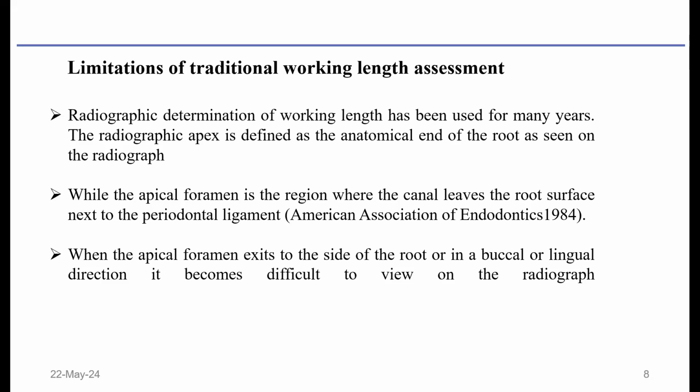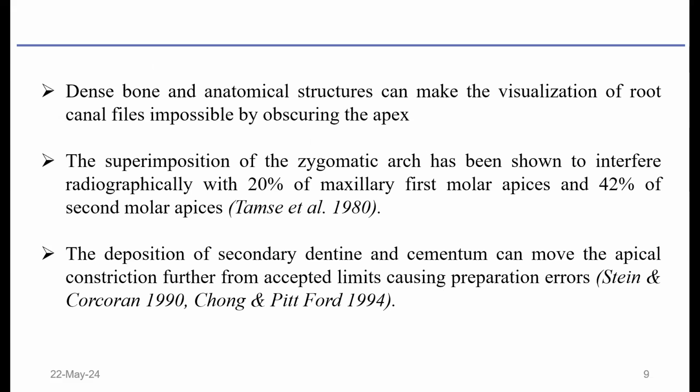When this apical foramen exits to the side of the root or in a buccal or lingual direction, it becomes difficult to view on the radiograph. The tooth will superimpose the canal exit, so it will not be well appreciated. This is what happens when you determine the root canal length only with the help of a radiograph.